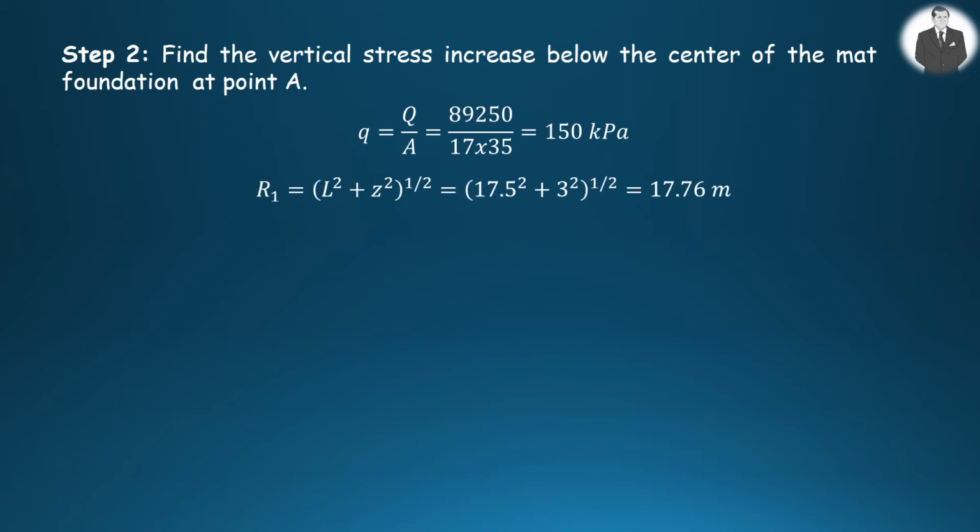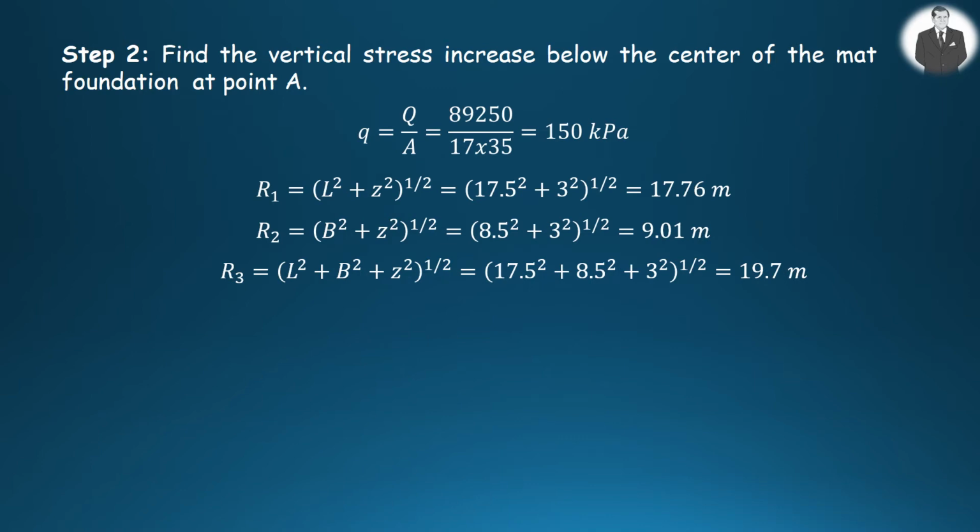R sub 1, R sub 2, and R sub 3 can be easily computed based on the length and width of the rectangle and the depth of the point under consideration.